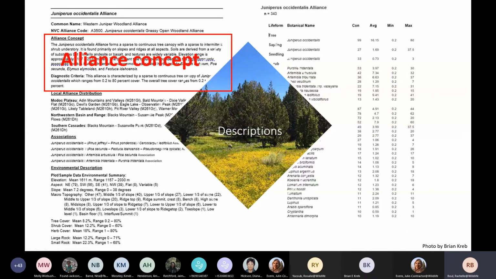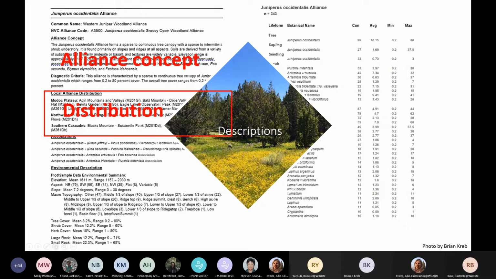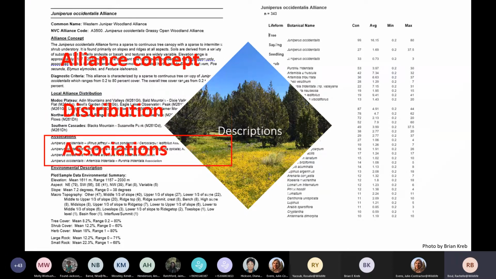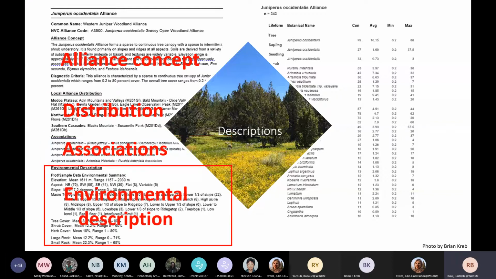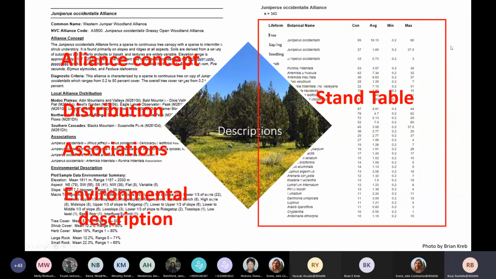In here, you'll find a general alliance concept for the type, a local distribution, a list of the associations under the alliance found in the study area, summarized environmental information, and then this thing that we call the stand table.